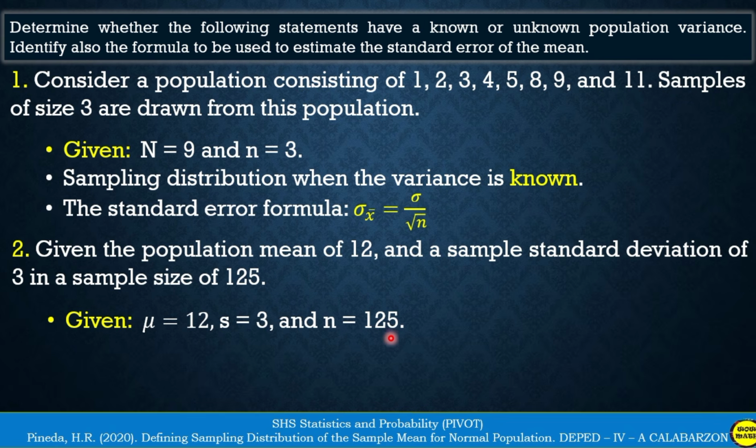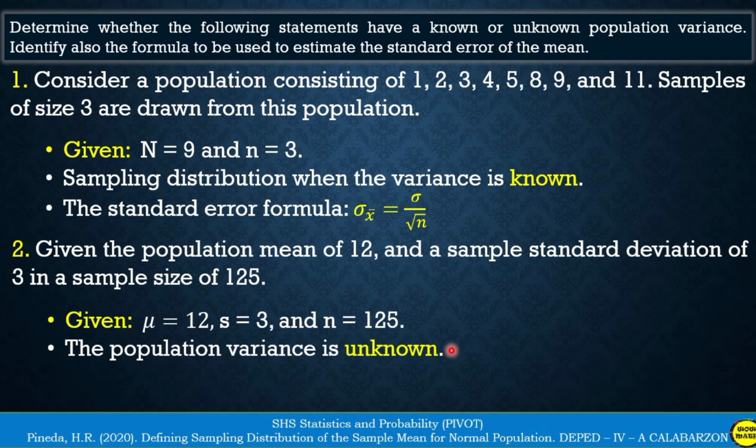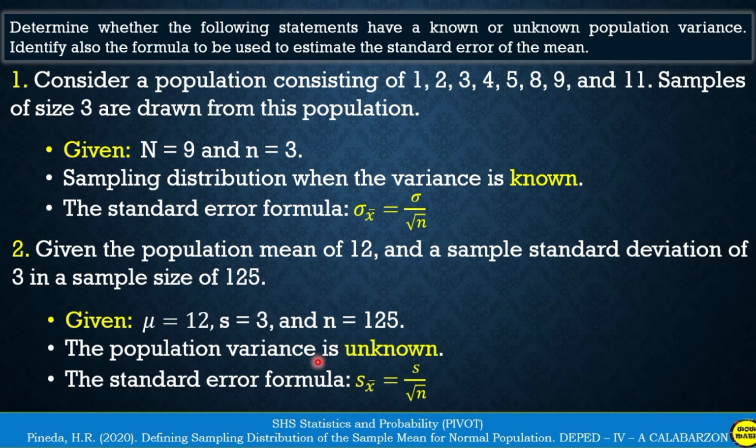sample size is 125. So, we can use the formula to find the standard error of the mean. So, ito yung gagamitin natin formula. Again, dito, the population variance is unknown. Tingnan natin yung pagkakaiba nila.